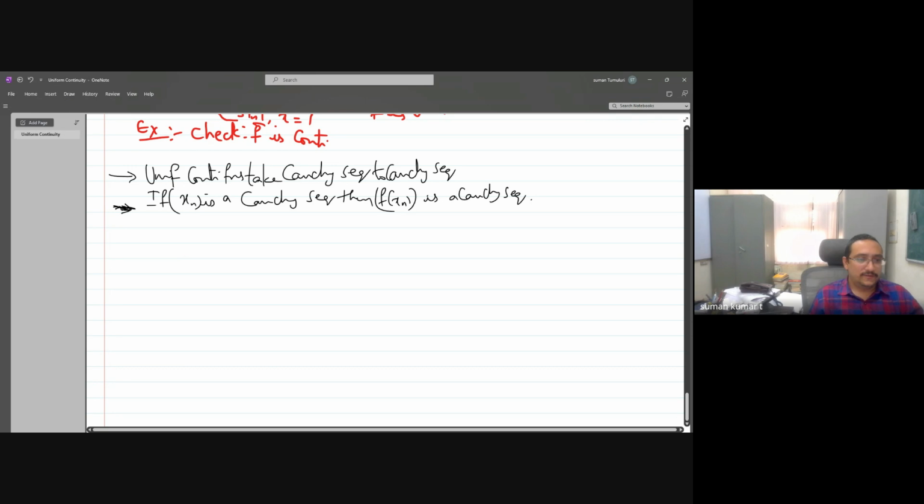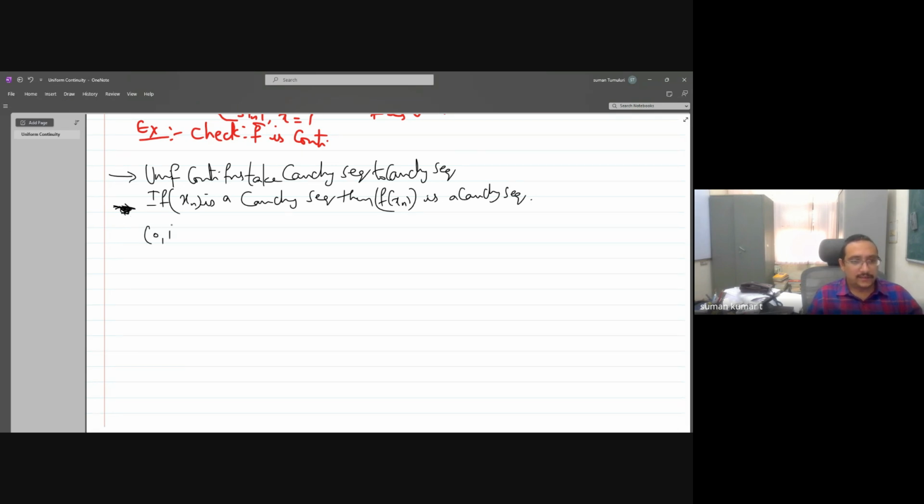Okay, so I can use this to quickly show that f, the function x going to 1 by x, is not uniformly continuous. Why?